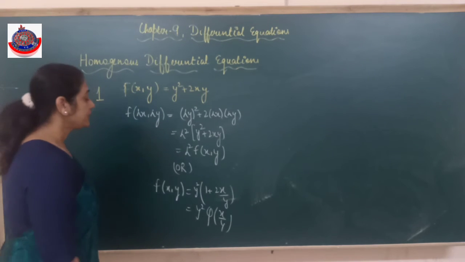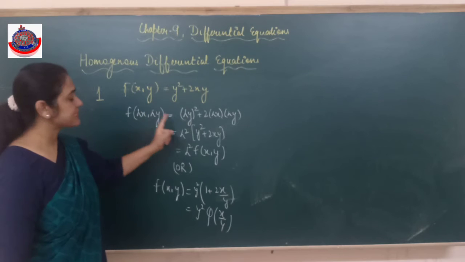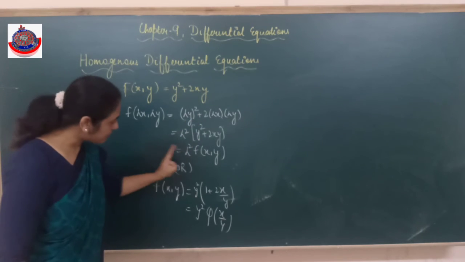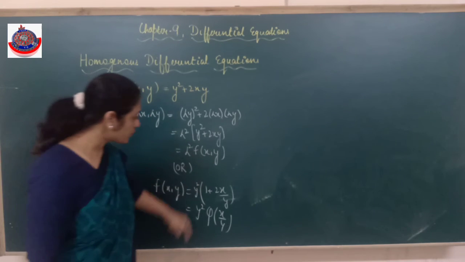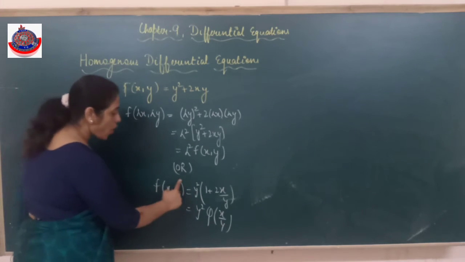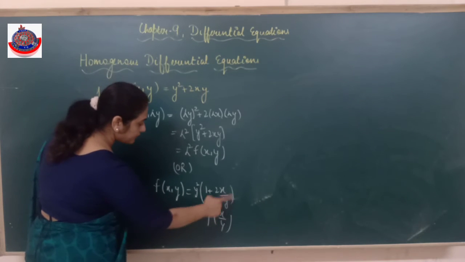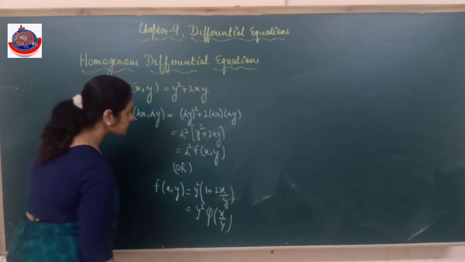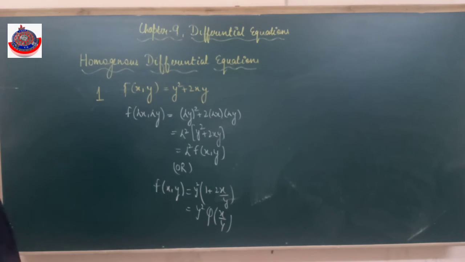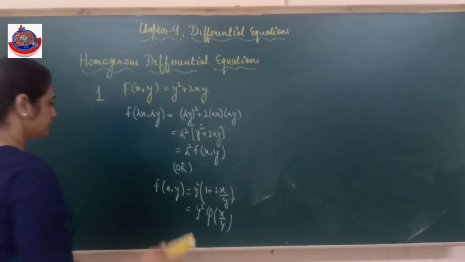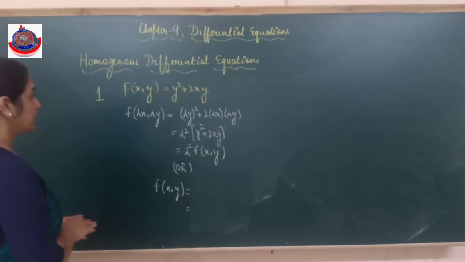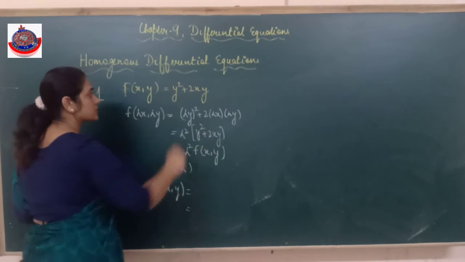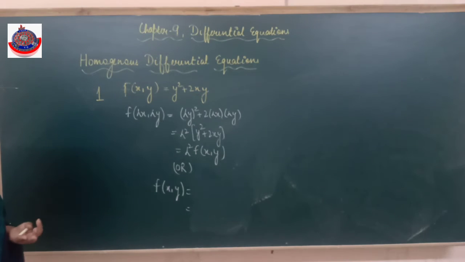Is it clear? Fine. In this, first is to replace x by lambda x and y by lambda y. If lambda comes out common completely and I get the original function back, then I say it is a homogeneous differential equation. Or I take the variable common and get the same function. Or this way: my same function is y square plus 2xy, y square upon 2xy.